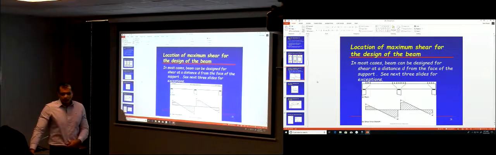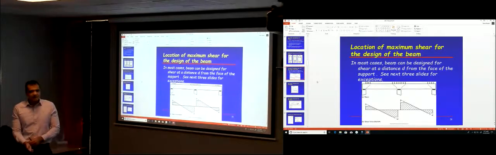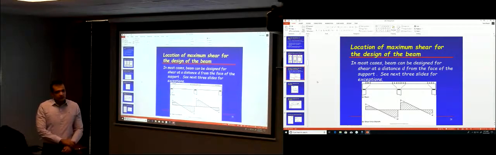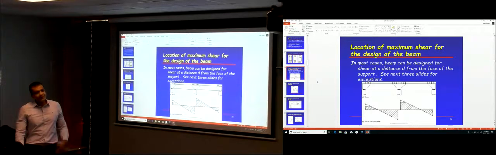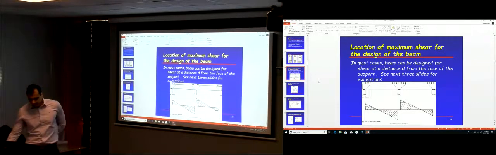It's not a wrong design, but you're going to design it to resist more shear than required, okay? So it's not a bad design. It's not a fatal mistake. It's actually more safe, but why have it more safe than required, and pay for that.